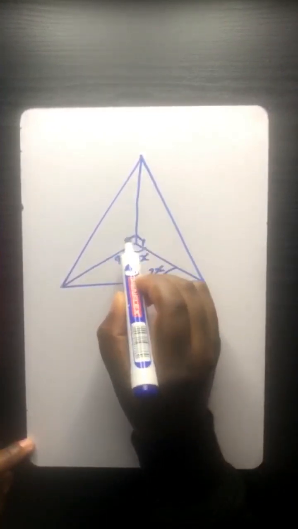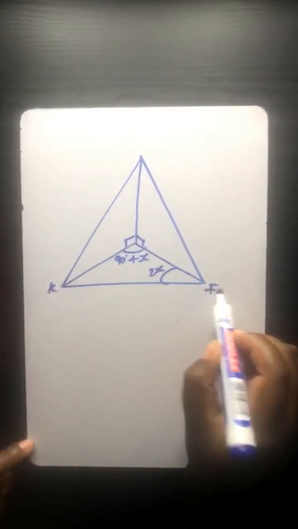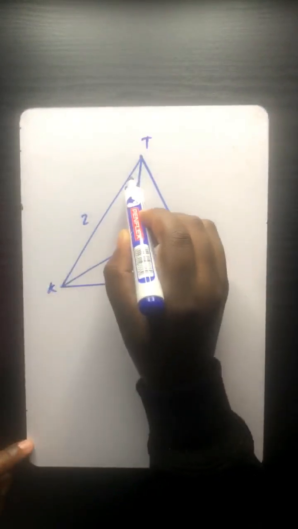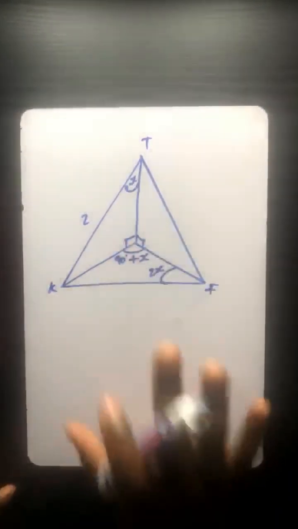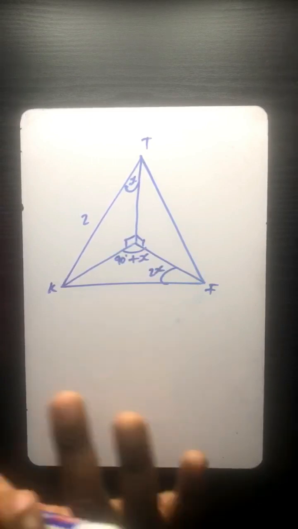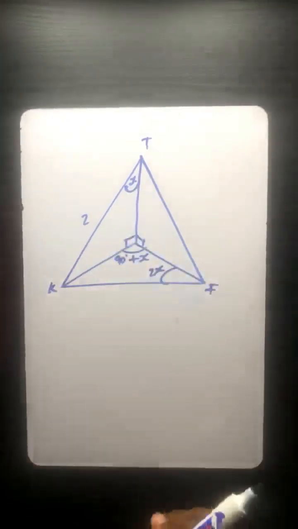There you have 90 degrees. And they say this is K, this is F, this is T, this is 2, and then that is X. This is what we'll be doing under our Monfry lessons with grade 12s. With grade 11s, we will be doing the same stuff we have done today, but this is for grade 12s.